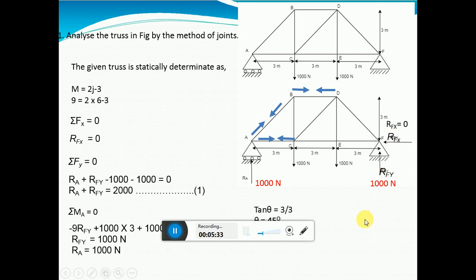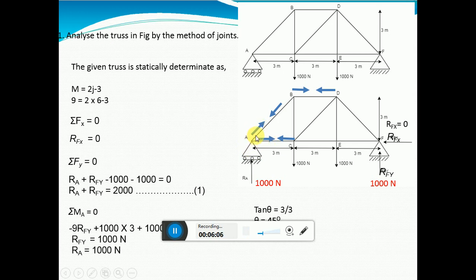Okay. Now we can move on to the method of joints to analyze the truss. That means we have to analyze in each member what is the magnitude of force and what is its direction, whether it is a tension force or a compression force. So first take the joint A. I told you in the steps, first you should know in which there are fewer unknown members.